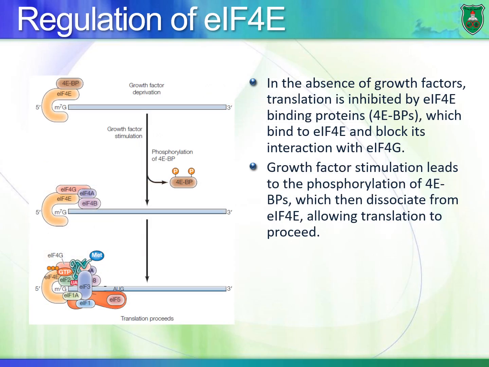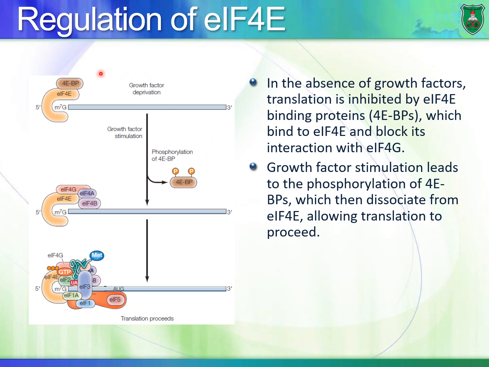Now, another mechanism is by regulating initiation factor 4E. Now remember, this is the protein that links the poly A tail with the cap. Okay, so what happens here basically is that there is a protein known as initiation factor 4E binding protein.